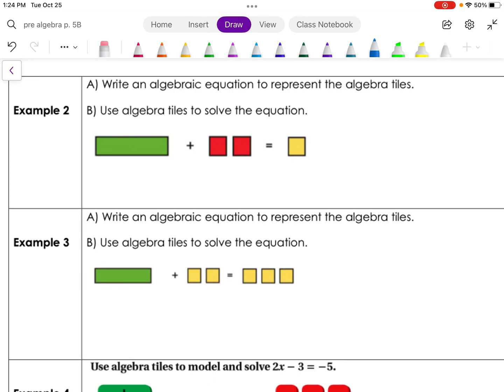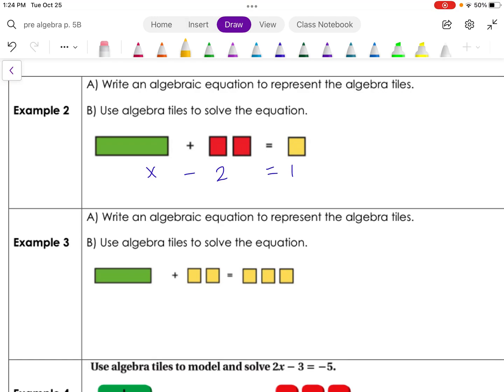Example 2, we want to write an algebraic equation to represent the algebra tiles and then solve. So here we've got x plus a negative 2, in other words, x minus 2 equals 1. Okay, remember we want to isolate x. It's going to be easier to visually see what x represents if our x's are on one side and then all of our squares, our ones, are on the other.